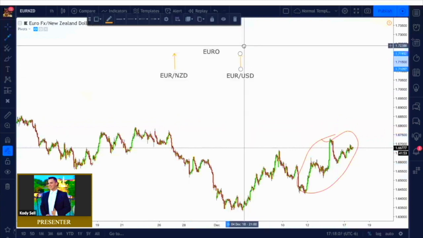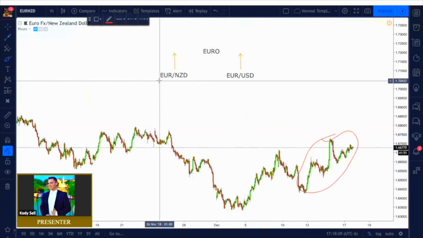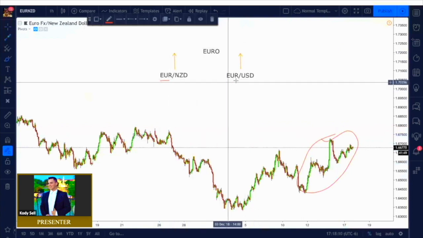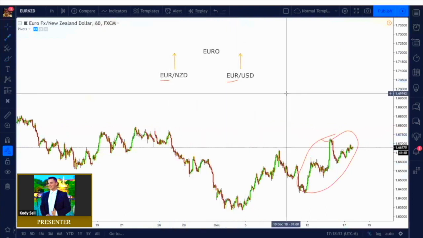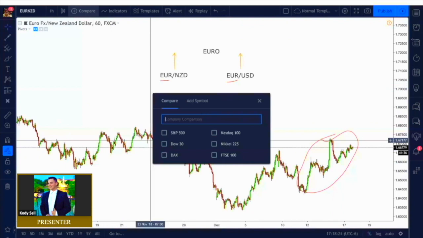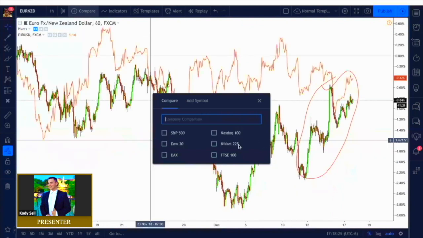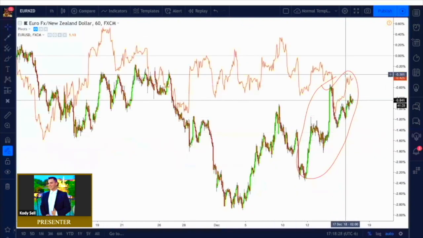Rising as well, right? In both cases, the euro is in the first position, or the numerator, and so we'd expect them to be doing the same thing. If I pull up Euro USD, I'd expect to see that it's rising. So let's compare Euro USD. Voila, check this out, guys.